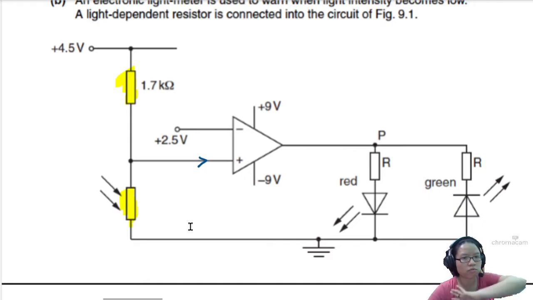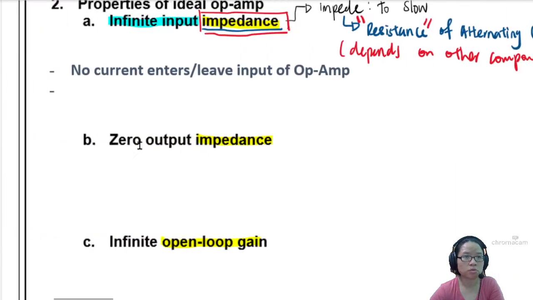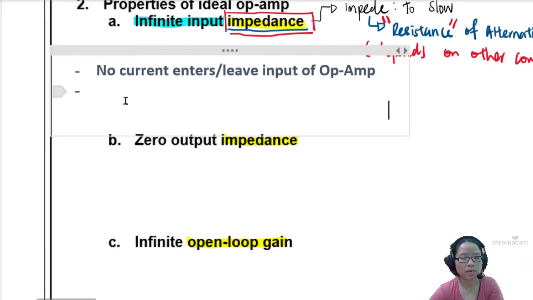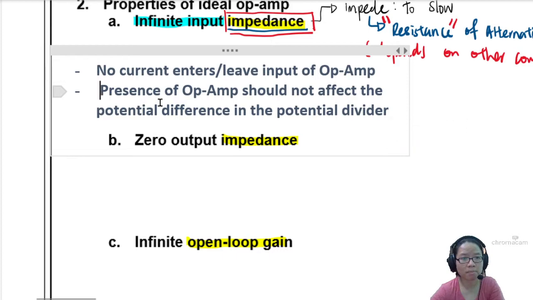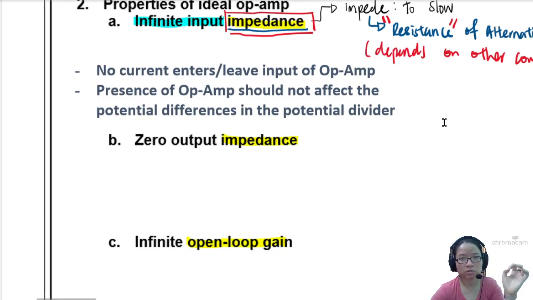And we want to avoid that at all costs. Whatever you input should be on its own, not affected by the op-amp. So this is the second reason: the presence of the op-amp should not affect the potential differences in the potential divider. This is a very brief explanation about why we want infinite input impedance.